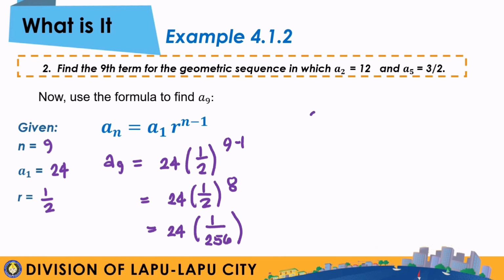Okay, let's continue. Solving for the ninth term. 24 times 1 is 24 over 256. Now, the fraction here is quite too big. So I guess we can simplify that by dividing by 8. So let's try to divide 8 both sides of the equation.